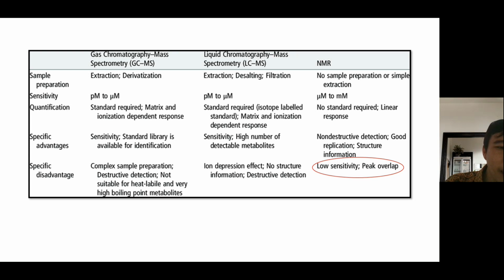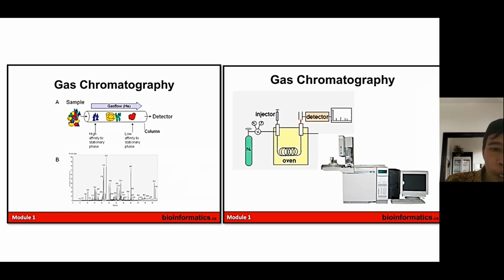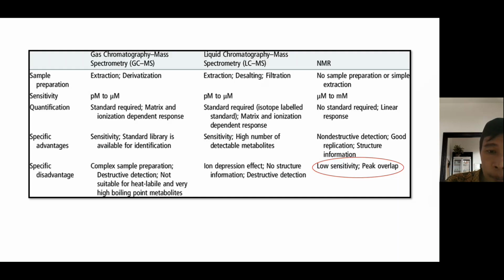Also, this GCMS is not suitable for heat labile and very high boiling point metabolites. Why? Because in GCMS and LCMS, you need to heat up your samples. Like I previously showed you, here we need to increase the temperature of the instruments up to 250 degrees Celsius. So under that treatment, certain kinds of metabolites sensitive to high temperature will be destroyed, and therefore you cannot detect them using this method.